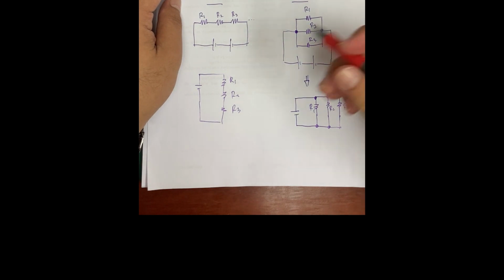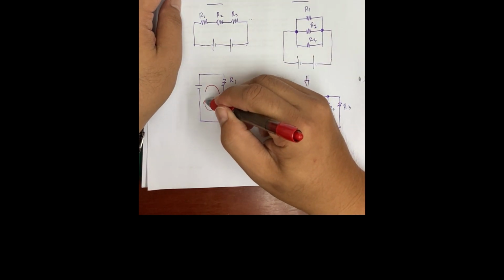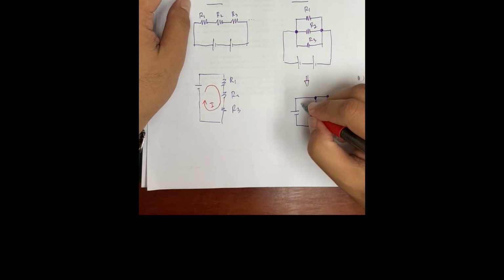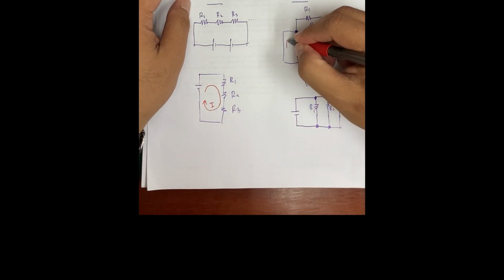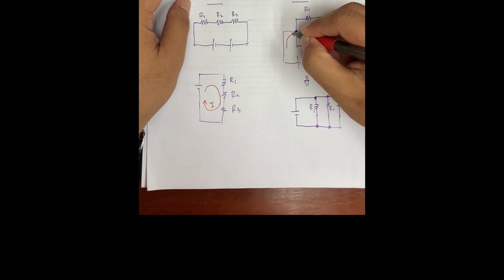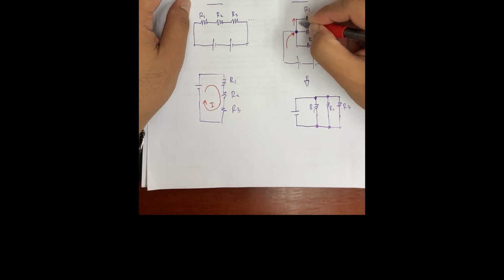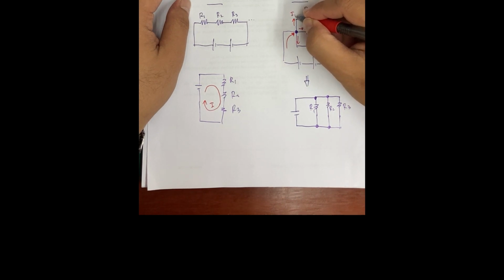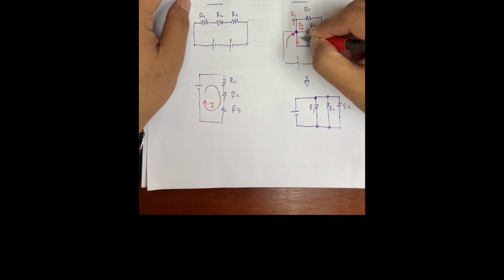But it is only one direction of current, right? So in the parallel one, you have one current and it goes into the junction, so it must split into three new currents. So this is I1, I2, and I3.